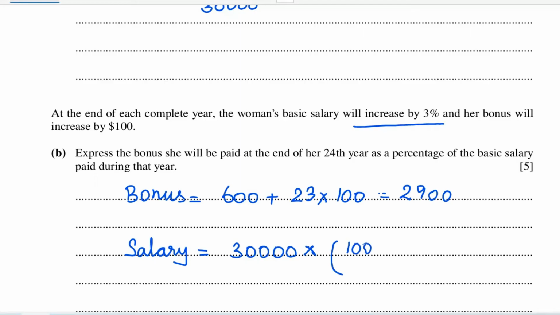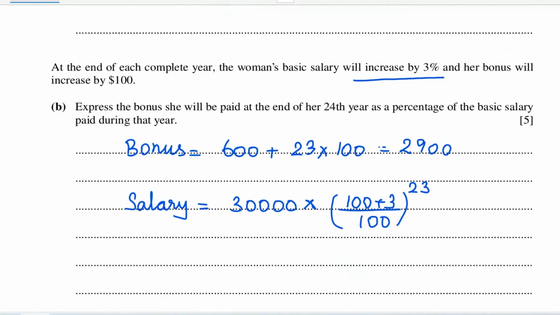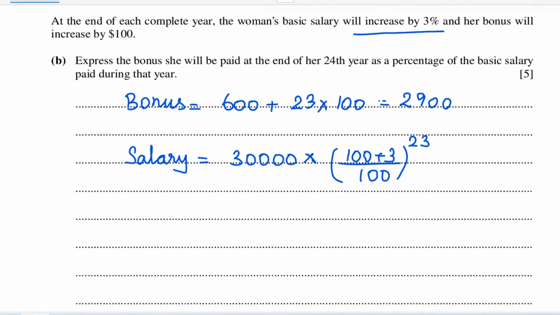So 100 plus 3 divided by 100, the whole power 23. So here I used a compound interest formula to calculate the salary. So this is equal to 59207.60.